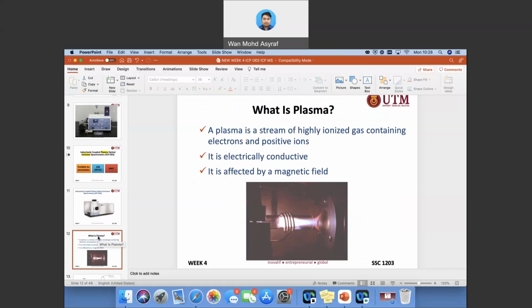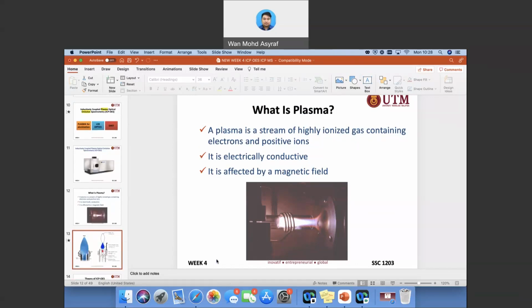So if there is any question, or if some people would ask you, what is plasma actually? So this is how you answer. Plasma is a stream of highly ionized gas. So it is not flame. Flame is just fire. But now it is a stream of highly ionized gas containing electrons and positive ions. Okay? All right. So basically, it appears like a flame, but it's not a flame.